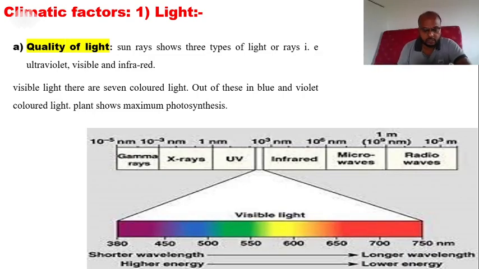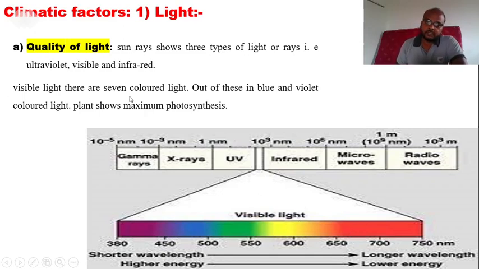There are three types of light given out by the sun: visible light, infrared light, and ultraviolet light.